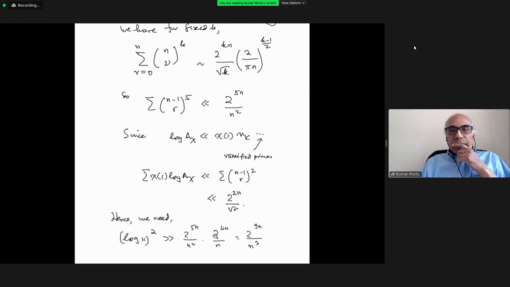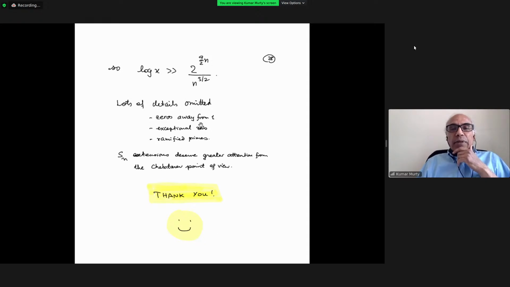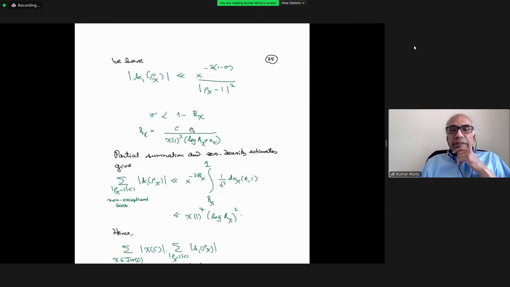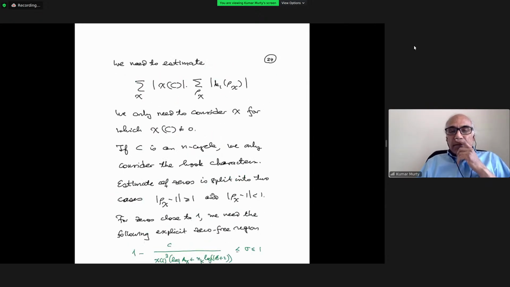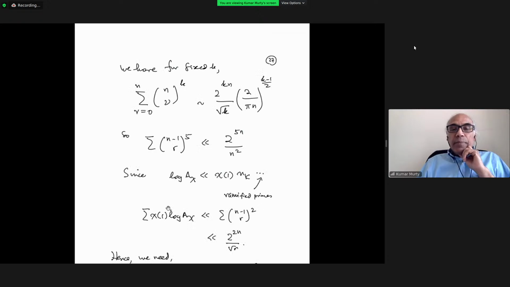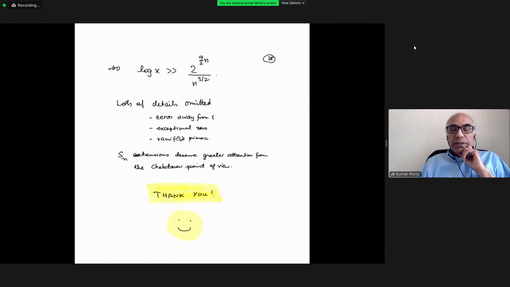Now, you get a bound like this. Now I've omitted lots of details here. Firstly, remember we said that there are the zeros near 1 and the zeros bigger than or equal to 1. It's generally true these are not that problematic, so we can handle that. But then the next thing is, what do you do about the exceptional zero? That is rather problematic.